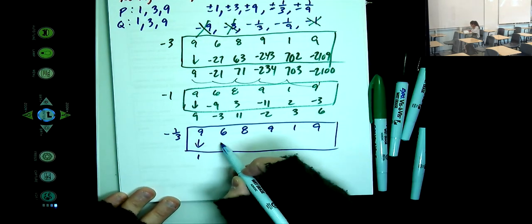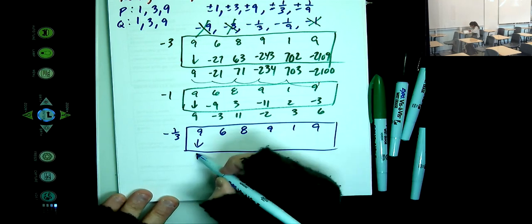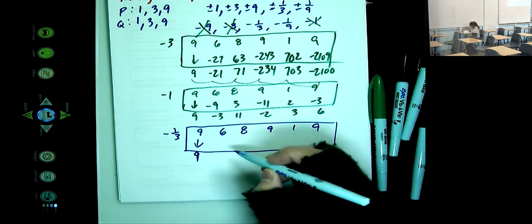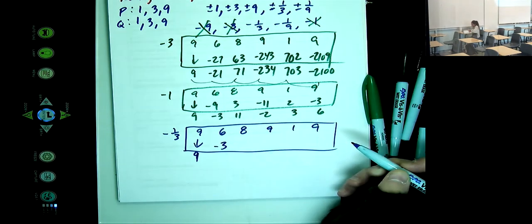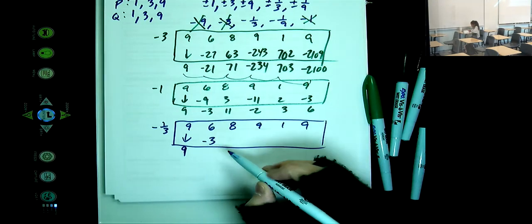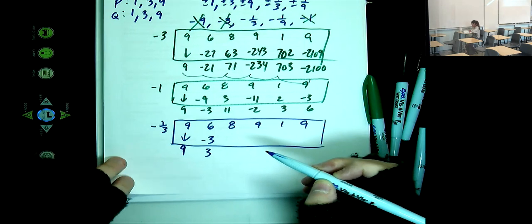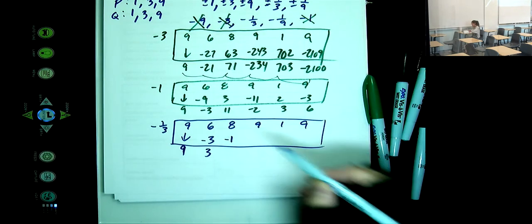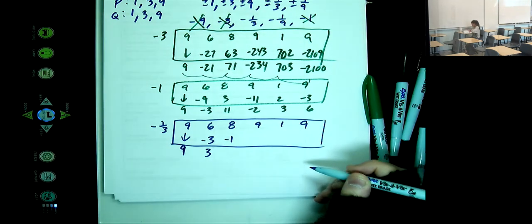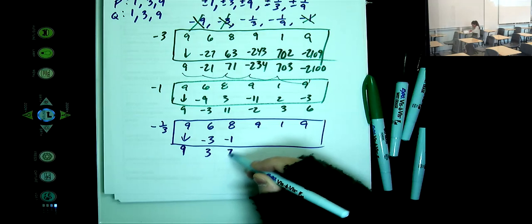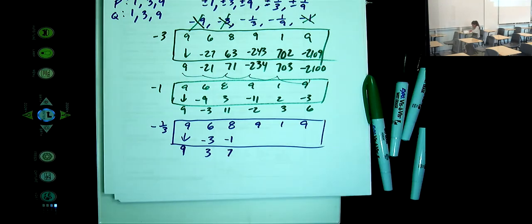All right. -1/3 of 9 is -3. 6 minus 3 is 3. -1/3 of 3 is -1. Oh, this is where you get shifty on me. Why do you have to be negative?